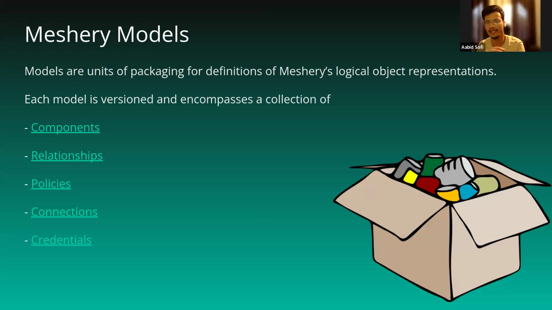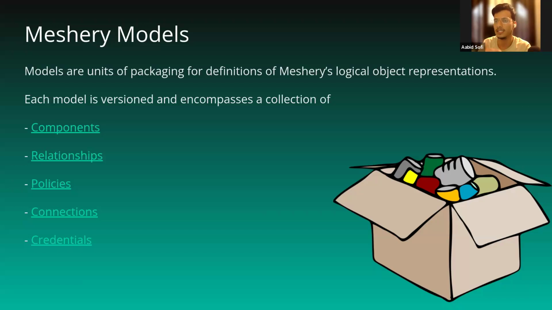A Meshery model is a unit of packaging for all of the logical constructs that Meshery manages, all of the things related to infrastructure and all of the capabilities that Meshery has. We group them using these Meshery models, and for the rest of the call I might just say models, and I will be referring to Meshery models and not any other models.